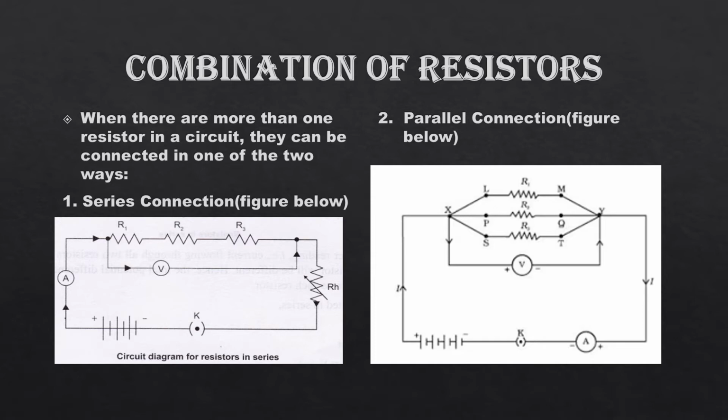They are collinear, which means it is a series connection. Come to the second diagram, parallel connection. Here R1 is parallel to R2, which is parallel to R3. There are three different lines, LM, PQ and ST. All three lines are parallel to each other, so R1, R2, R3 are also parallel to each other. So this is a parallel connection.